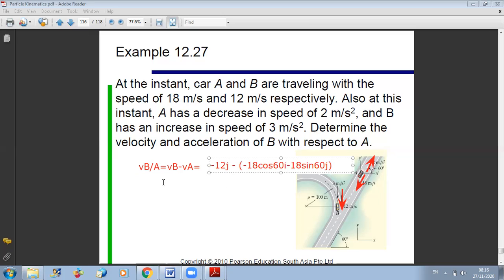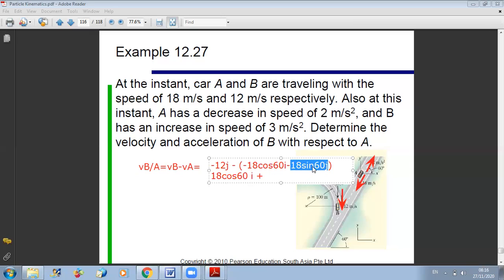So in total, we have that our velocity along I is plus 18 cosine 60. And along J I have minus 12, plus 18 sine 60, which is positive because you have minus minus.